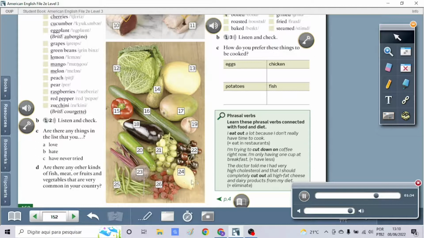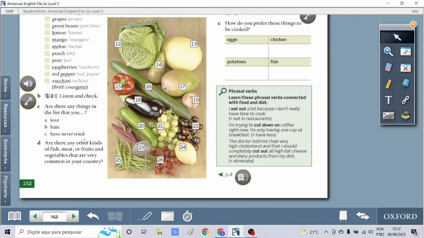Lemon. 17. Mango. 13. Melon. 19. Peach. 14. Pear. 26. Raspberries. 15. Red pepper. 20. Zucchini.